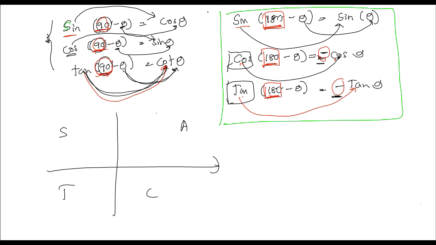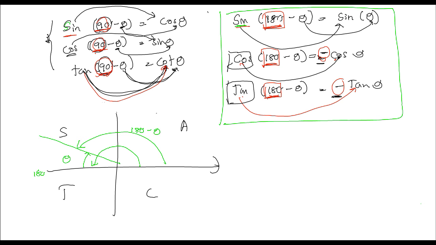When you look at sine 180 minus theta, 180 is here and then minus theta. So they are talking about a theta angle associated with 180. So this part is 180 minus theta.